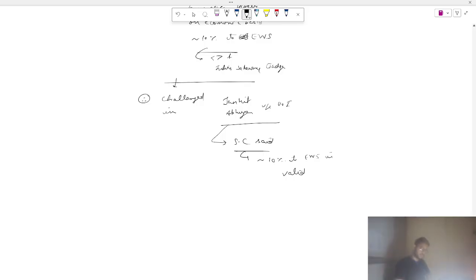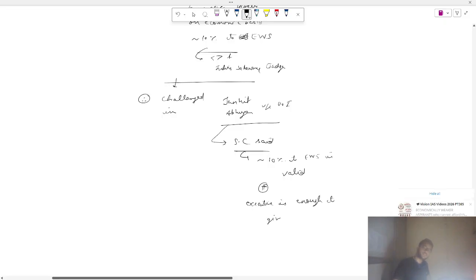Plus, the Supreme Court also stated an executive order is enough to give reservation. You don't need to pass a Constitutional Amendment Act for giving the reservation. You can give reservation by simply passing an executive order. So an executive order is enough while giving the reservation.